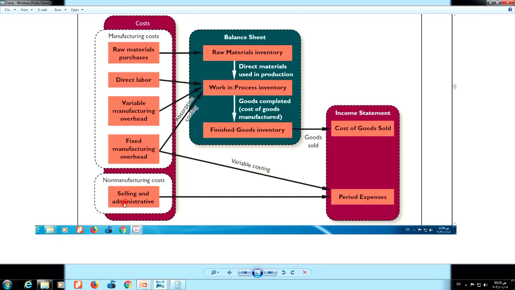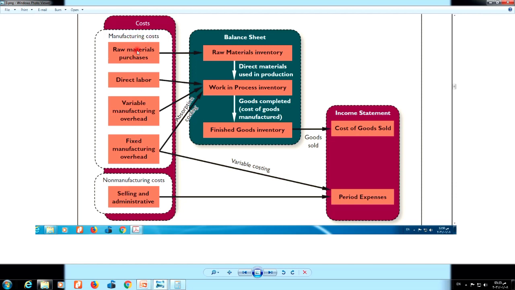Again, this figure can show us how variable and absorption costing are different.